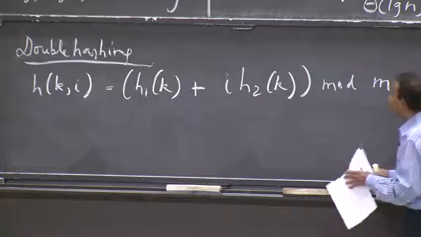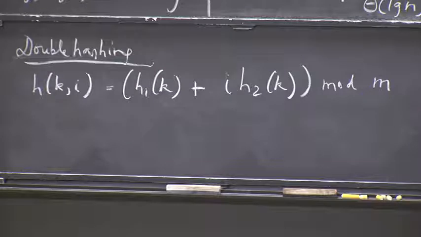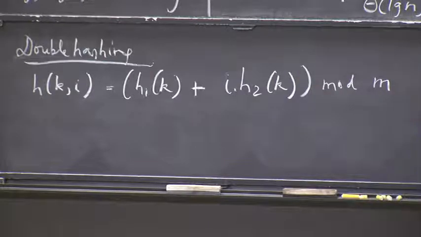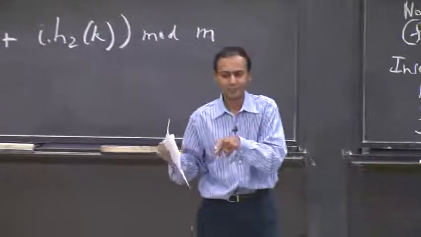Now, the first thing that we need to do is figure out how we can guarantee a permutation, right? Because we still have that requirement, and it was okay for the linear probing part, but you still need a permutation. And so those of you who are into number theory, can you tell me what neat property of h2 and m we can ask for to guarantee a permutation?